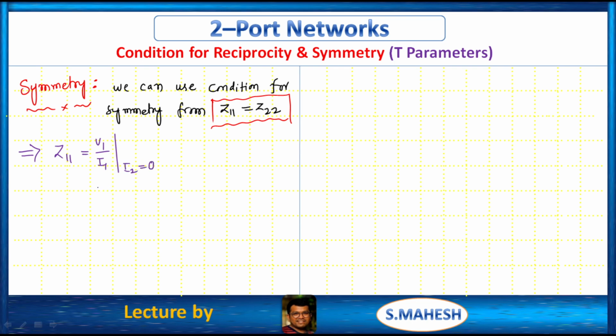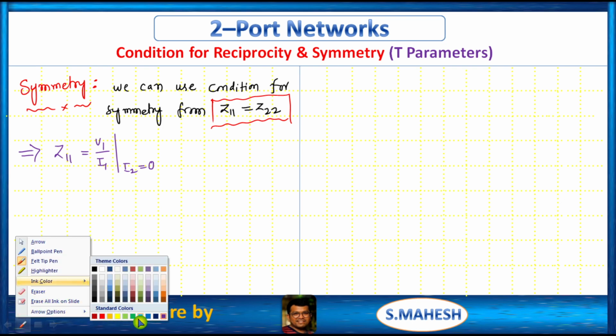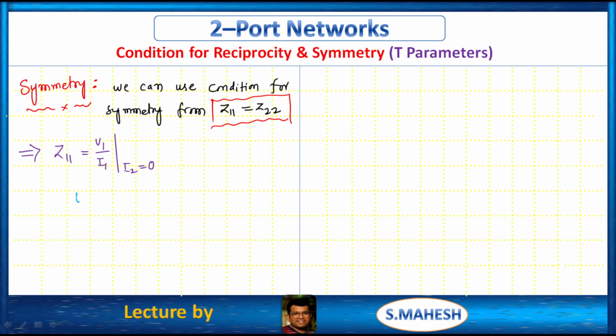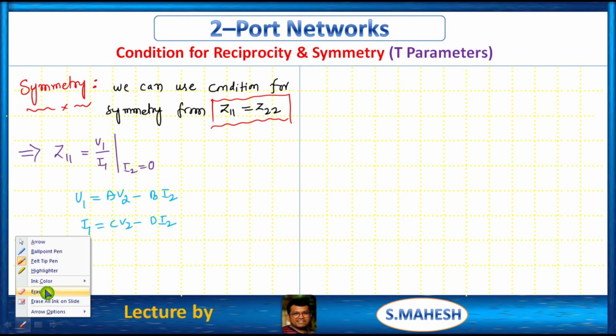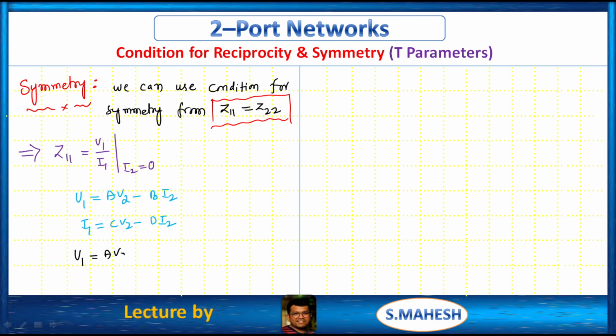When I2 equals 0, first we have to write the equations: V1 equals AV2 minus BI2, I1 equals CV2 minus DI2. Here I2 equals 0, so V1 equals AV2, right?